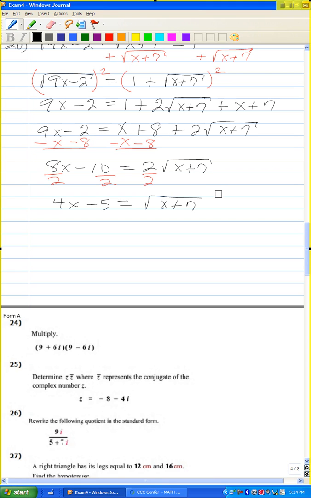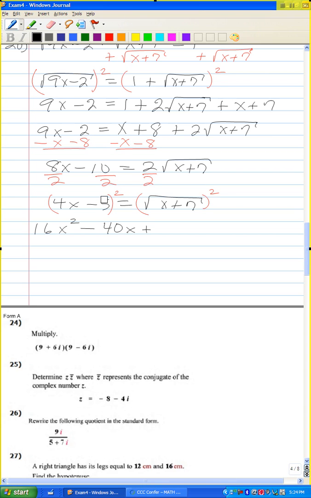And so now I can square both sides of my equation to get rid of the square root. And so I get 16, but again, the special product formula. 4x quantity squared is 16x squared. 4x times negative 5 is negative 20x times 2, negative 40x.